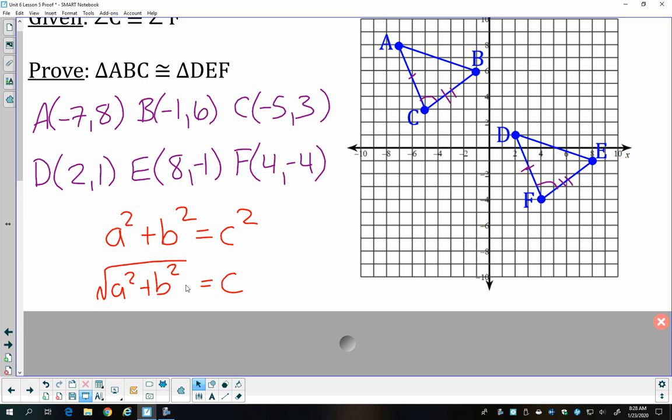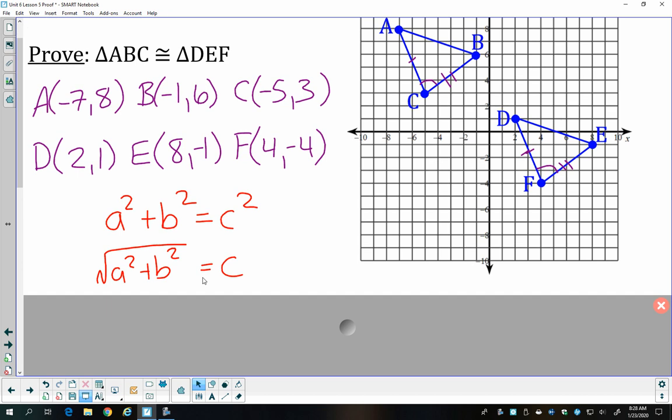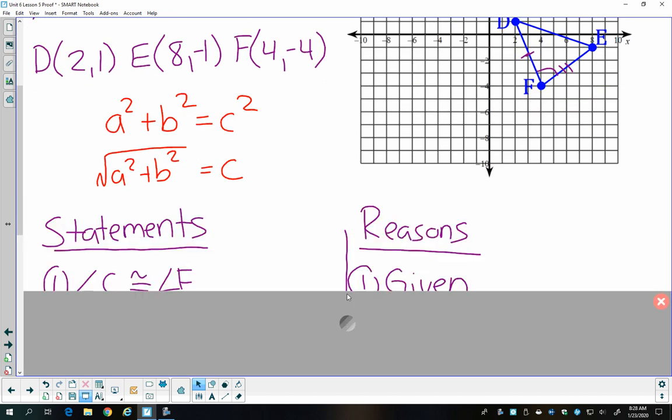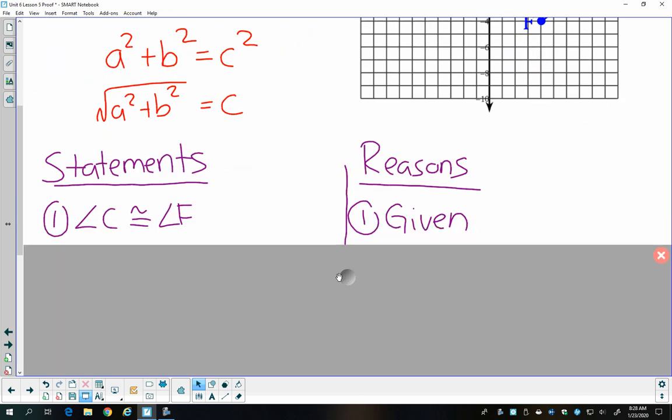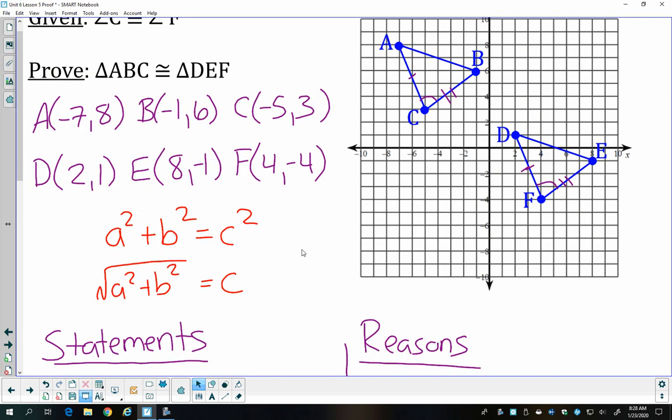To find A, we figure out how far apart are the two x values. To find B, we figure out how far apart are the two y values. So I'm going to start with my given information, that angle C and F are congruent. And then I'm going to use my Pythagorean theorem to figure out how long AC and DF are and how long BC and EF are.